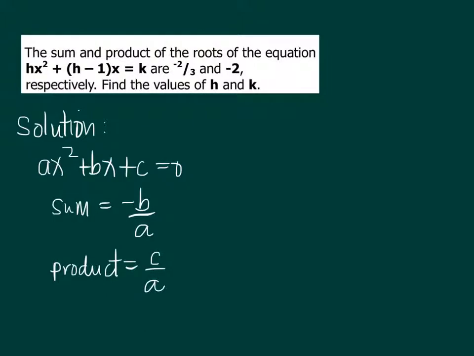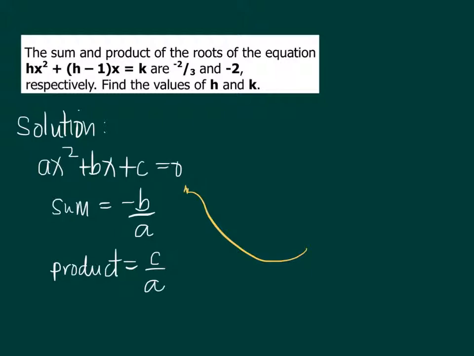Now before we apply negative b over a and c over a, we need to secure that the equation follows the format ax squared plus bx plus c equal to 0. It means the terms are arranged in descending order and that the other side is equal to 0. So if the given equation is not in that form, we need to simplify the equation until it becomes ax squared plus bx plus c equal to 0.